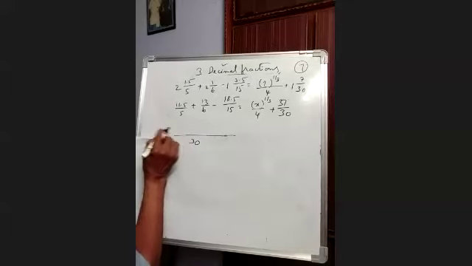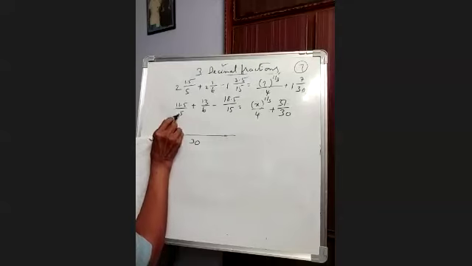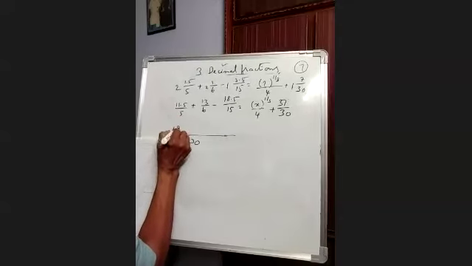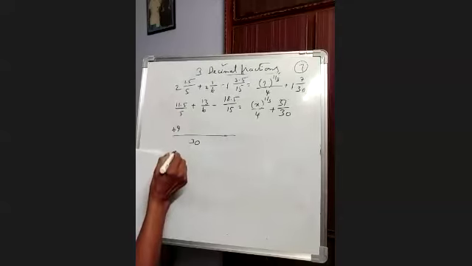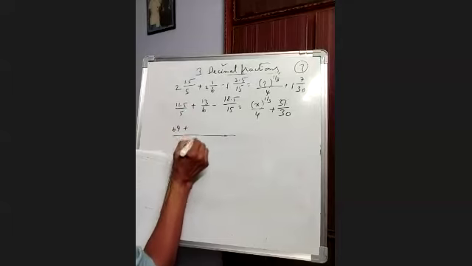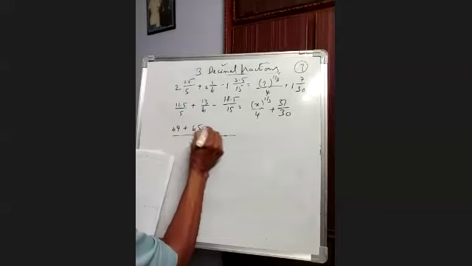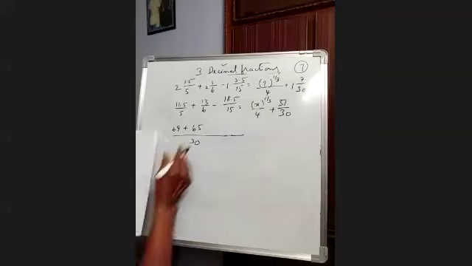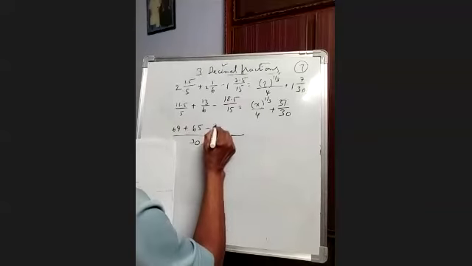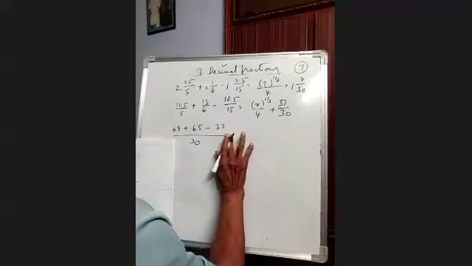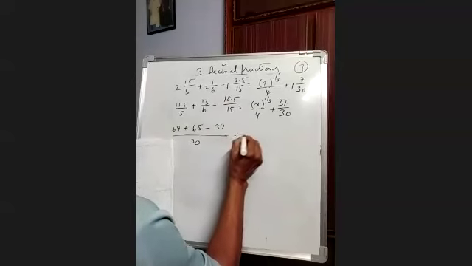Here, 6 times it is 69. 6 into 11.5, 66 plus 3, 69. 5 times 65 minus 2 times 37 is equal to.